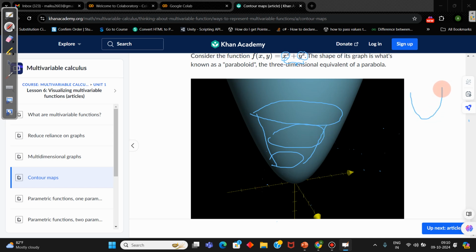So it's like this parabola, and this parabola is revolving in a circular fashion. This gives a solid cone kind of shape, but it's not a cone. We can imagine it like a cone, but not a sharp cone. That is, a parabola is being revolved in a circular fashion, which gives us this kind of surface in three-dimensional space.